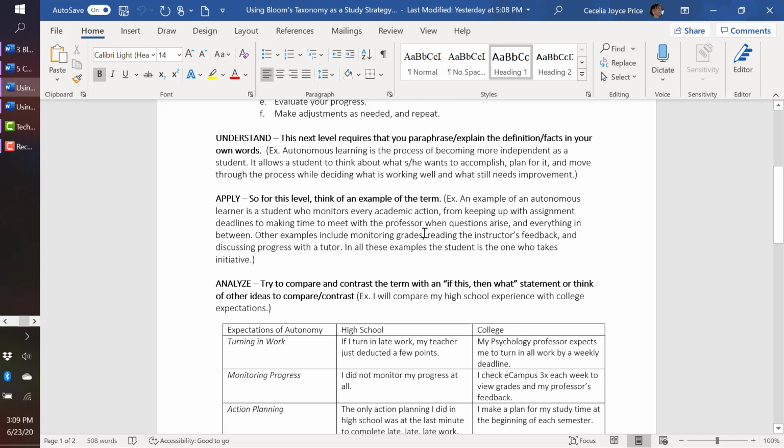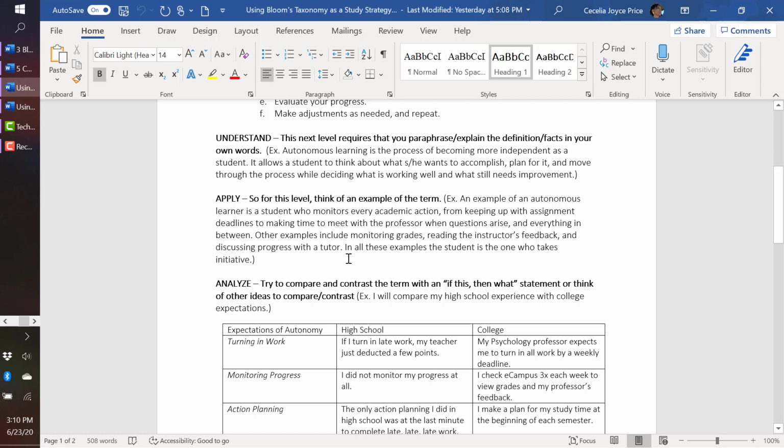An example of an autonomous learner is a student who monitors every academic action, from keeping up with assignment deadlines to making time to meet with the professor when questions arise, and everything in between. Other examples include monitoring grades, reading the instructor's feedback, and discussing progress with a tutor. In all these examples, the student is the one who takes the initiative. This is a demonstration of applying the concept of autonomous learning to a real life situation.